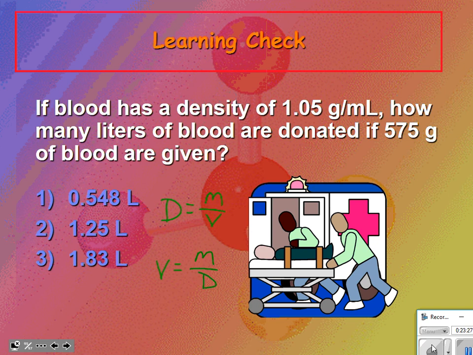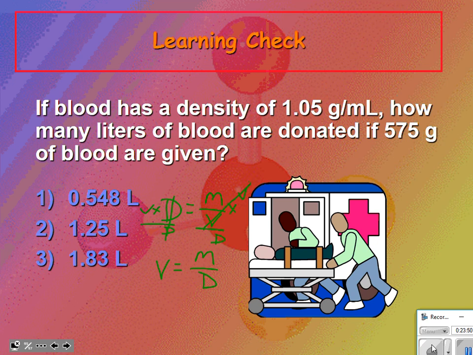When I manipulate my equation, I need to multiply both sides by volume. So, mass is equal to density times volume. We just said that. So then we have to divide both sides by D. So, volume is mass divided by the density.